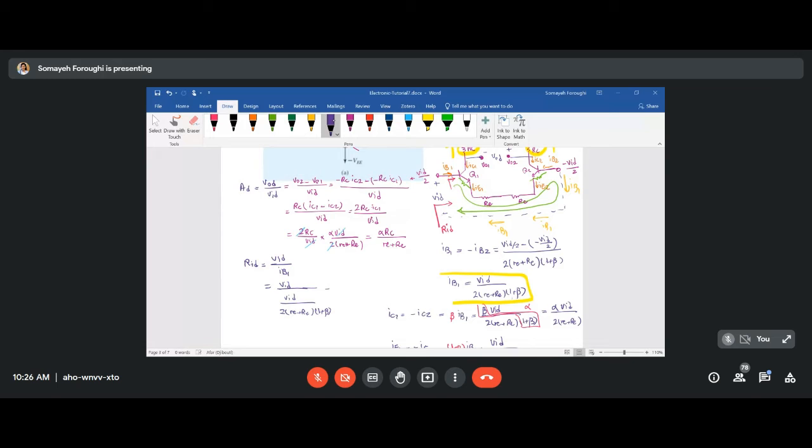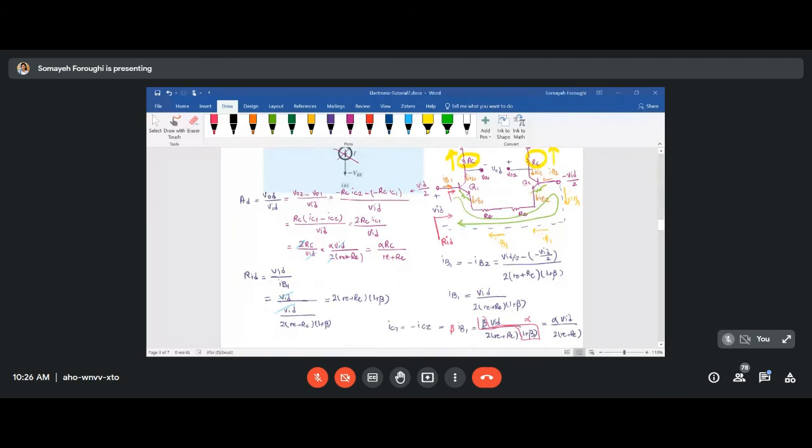Then just simplifying, you can cross out that VID on the top and bottom, and then finally you will have 2 times RE plus this times 1 plus beta. This is it. This is the input resistance from the base of Q1.